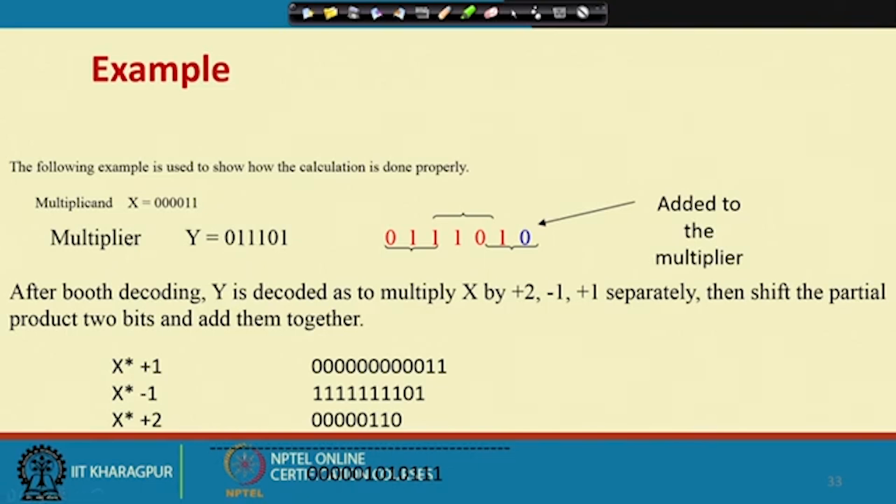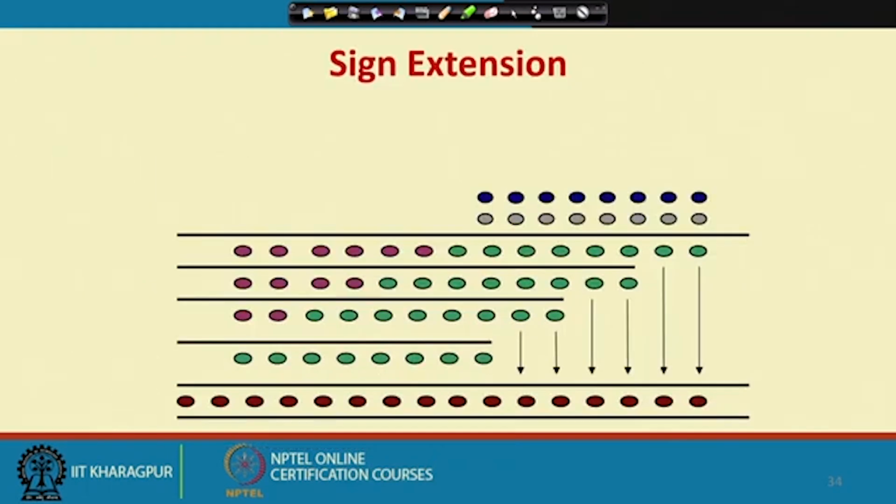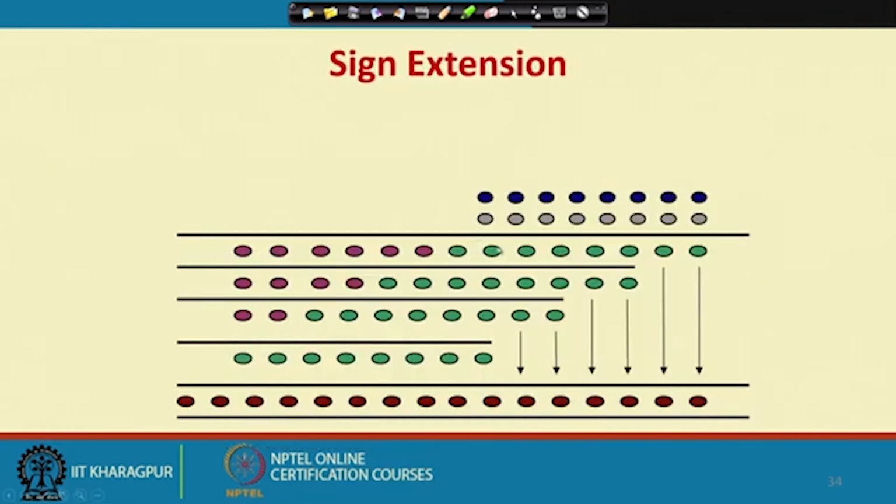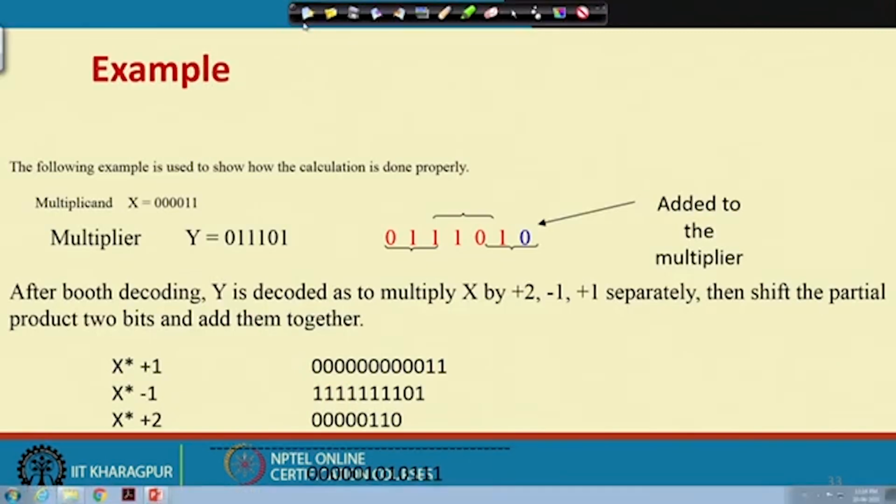Initially, whenever we follow Booth's multiplication, I need to add 0 at the LSB position. After that, we consider the combination of 3 bits for the LSB side first. For 0 1 0, what is the combination? That is plus 1.